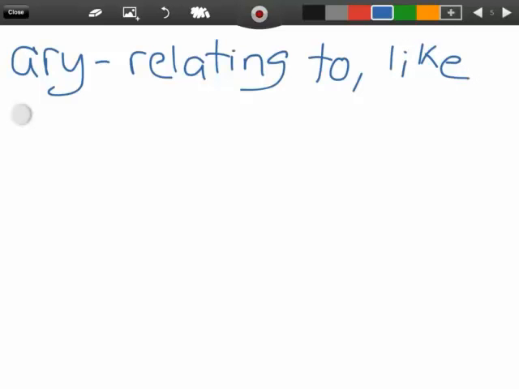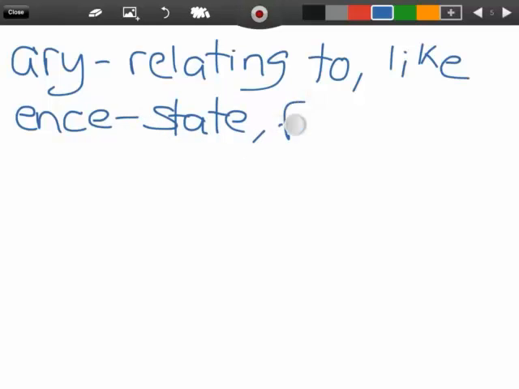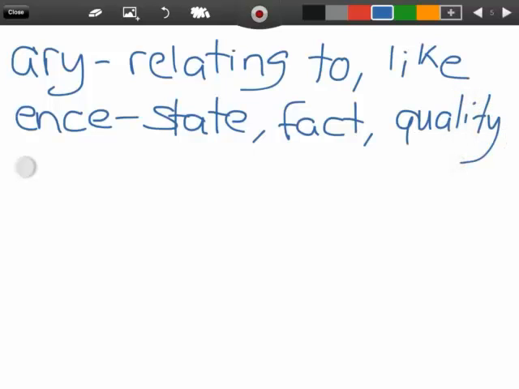Our next suffix is "ence," and "ence" means state, fact, or quality. Moving on to our next suffix is "ent," and "ent" means to form.